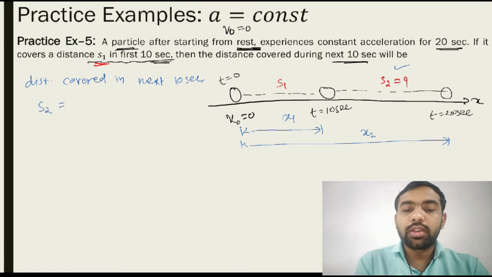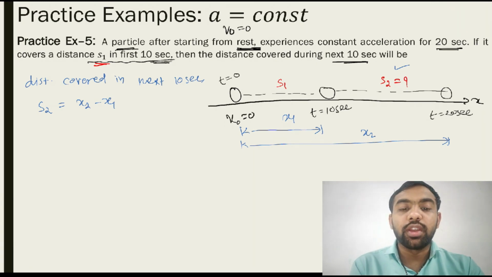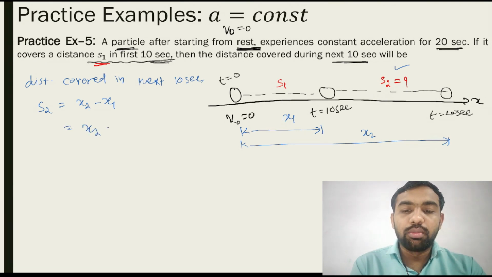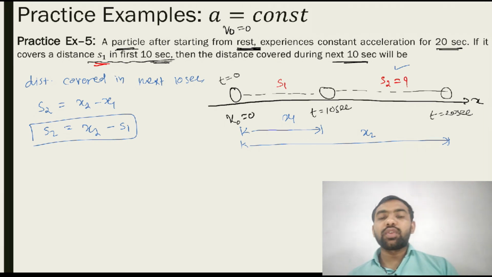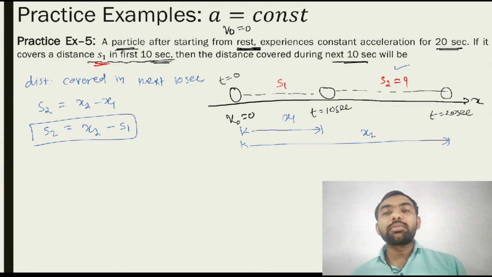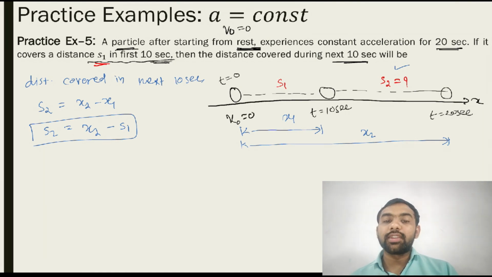S2 is equal to X2 minus X1. X1 is given as S1, so the answer is X2 minus S1. That is S2. So you are finding X2 in terms of S1, and S2 in terms of S1. So we get the final answer.